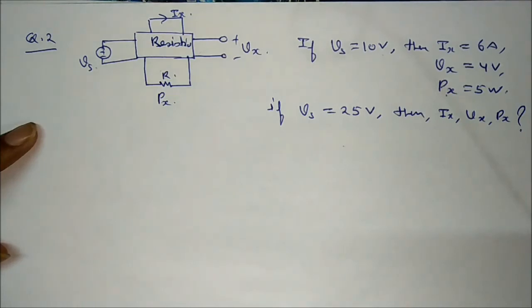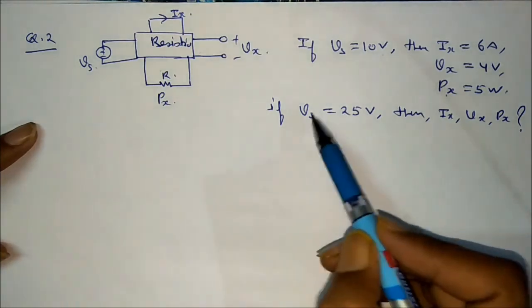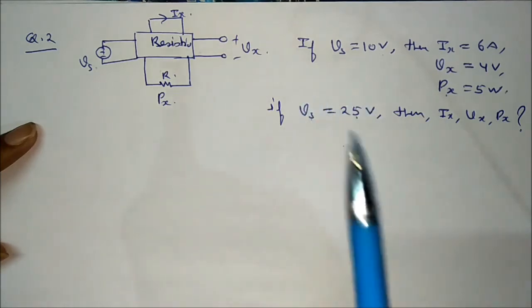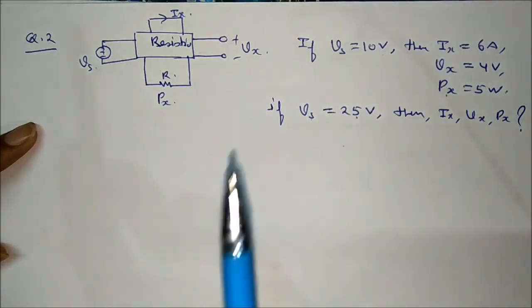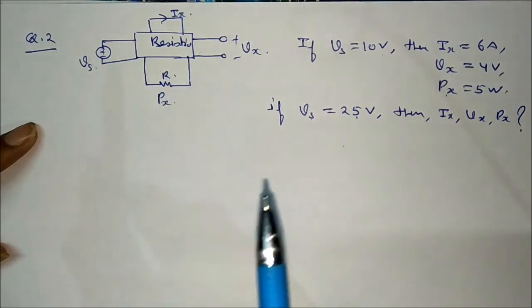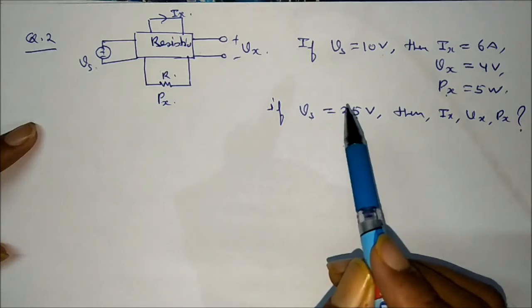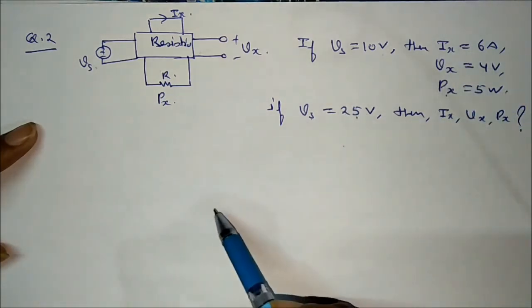Now if Vs has been changed to 25 volt, as I have already told you, if there is only a single independent source in a network and it has been scaled by some factor, then the responses will also be scaled.